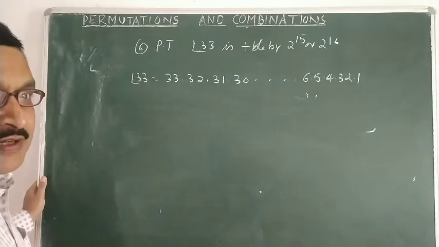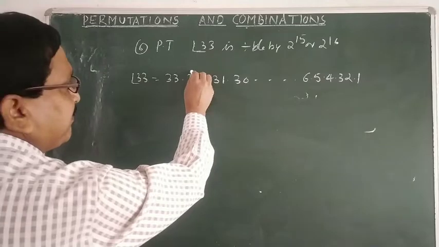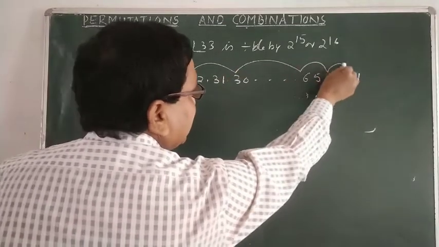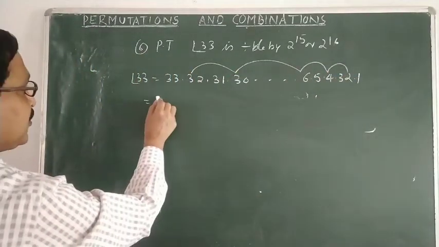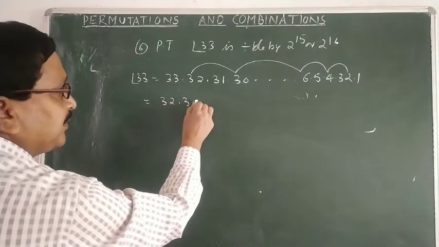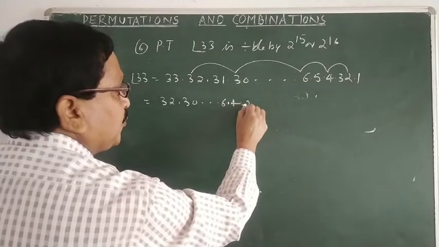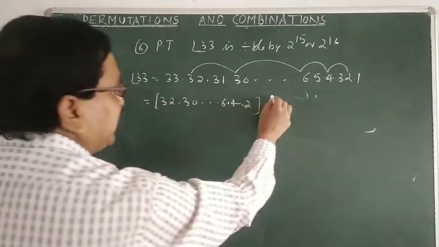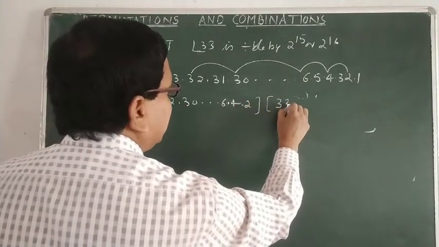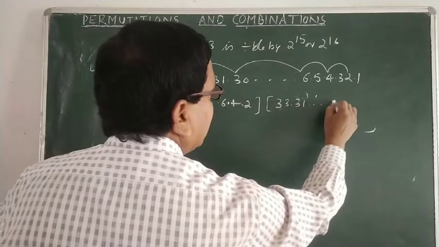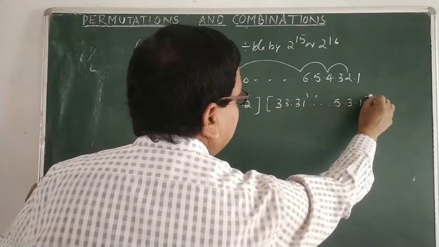Again, you separate the even numbers. So this is 32, 30, dot dot, 6, 4, 2. And after that, this is 33, 31, dot dot, 5, 3, 1.